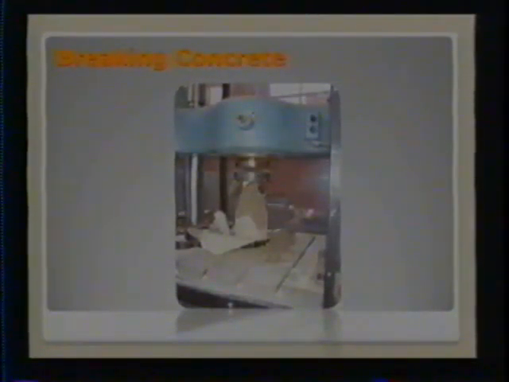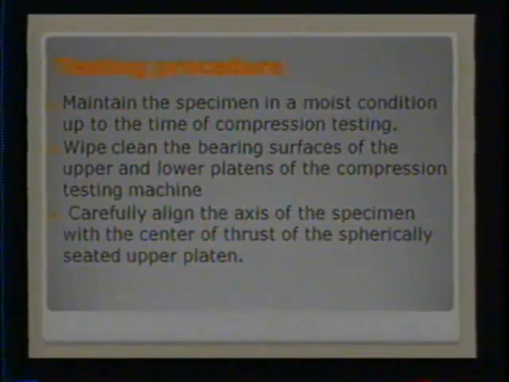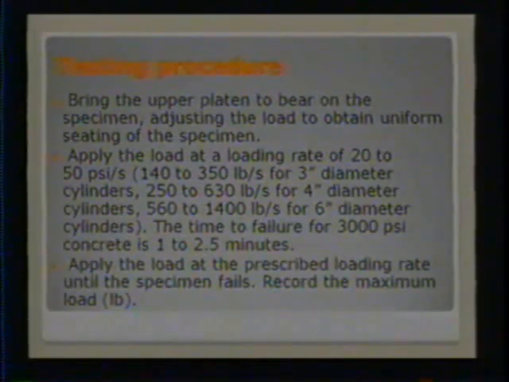This is called the compressive strength test, and the procedure is to maintain the specimen in a moist condition up to the time of compression testing, and then align the structure along the axis, and apply load in a consistent way at the rate of 20 to 50 psi per second, that is 150 to 350 pounds per second for a 3-inch diameter cylinder, 250 to 630 pounds per second for a 4-inch diameter, and then test until it fails. The load at which it fails gives you the compressive strength of the concrete.